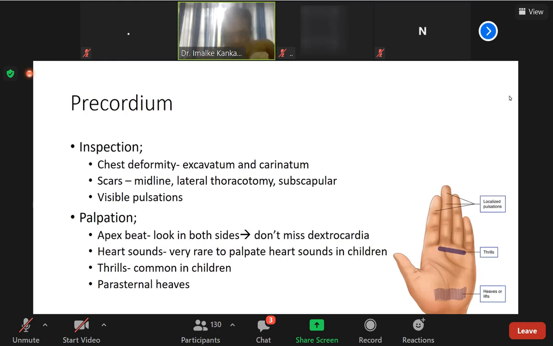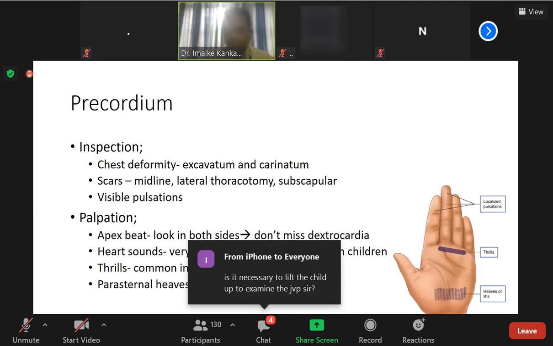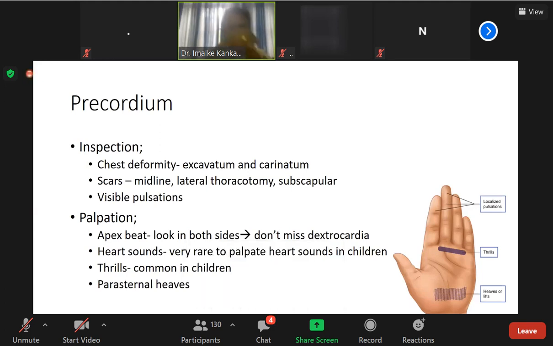So then precordial examination. Precordial examination inspection: it's very important to tell about chest deformities, scars and visible pulsations. Whether you tell visible pulsations or not, it doesn't matter. But if you see visible pulsations on the left side, then you are pretty sure that you are not dealing with a case of dextrocardia.